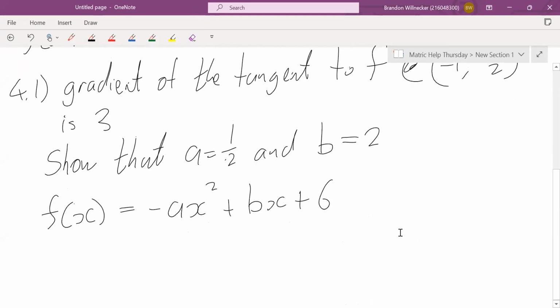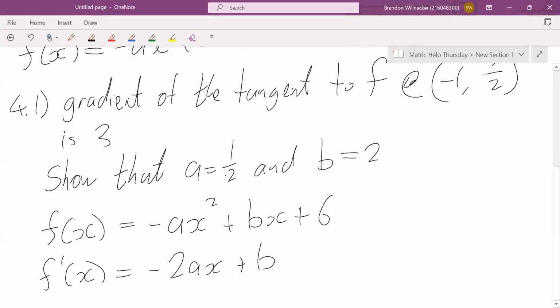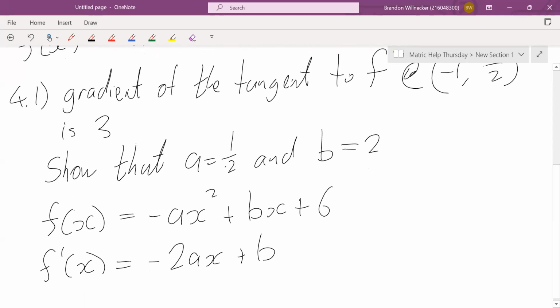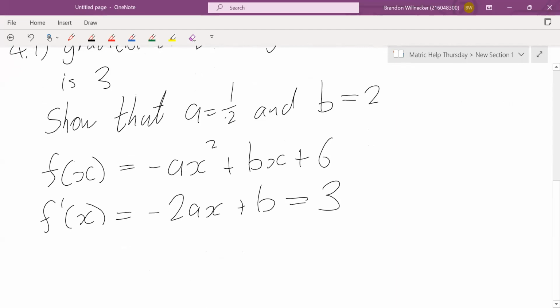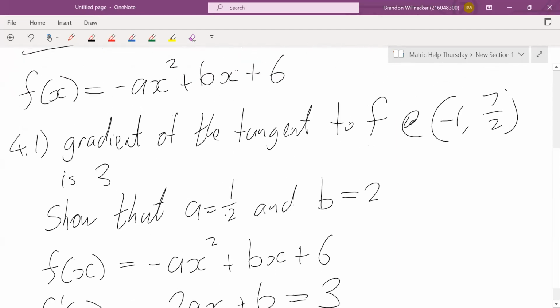We can take the derivative. So f prime of x is equal to minus 2ax plus b. Okay, but we know that the gradient of this tangent at that point is 3. So that means f prime of x is equal to 3. But we know that this happens at x is equal to minus 1.